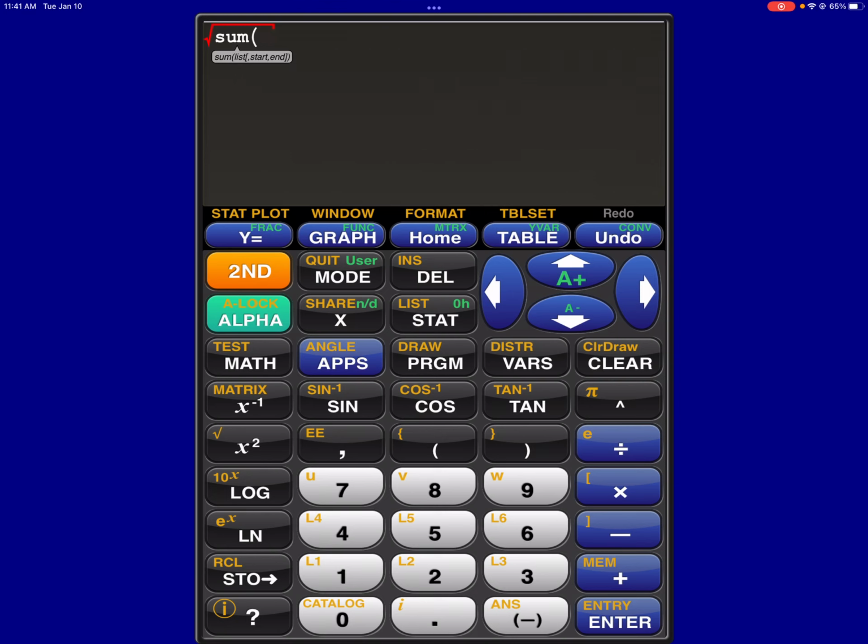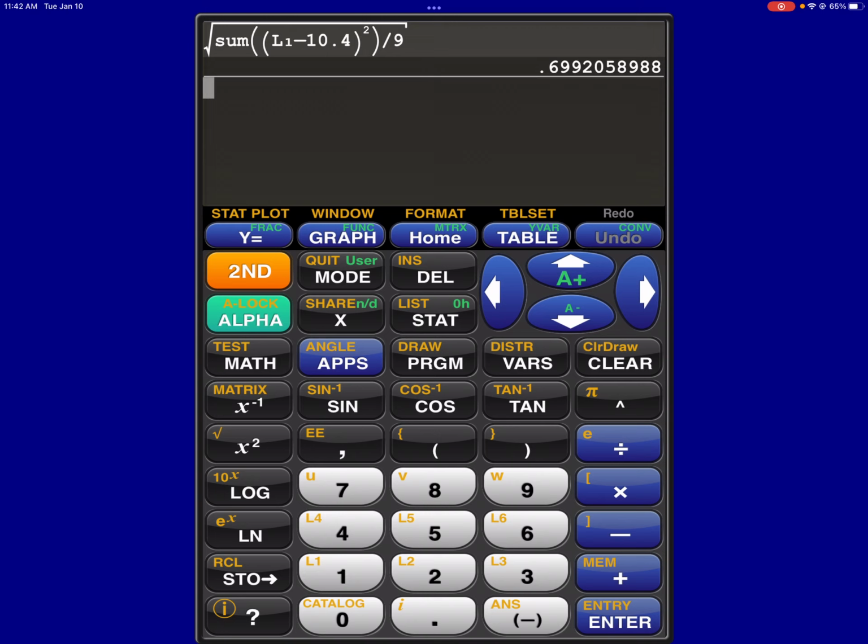I want to put parentheses, another parentheses to represent the subtraction we're going to do: list 1 minus our mean, 10.4. Then we want to square that, and then a second parenthesis to close off our sum. Then we divide that by n minus 1, which in this case is 9. Assuming everything's typed in correctly, if we hit enter we shouldn't get an error, so knock on wood.